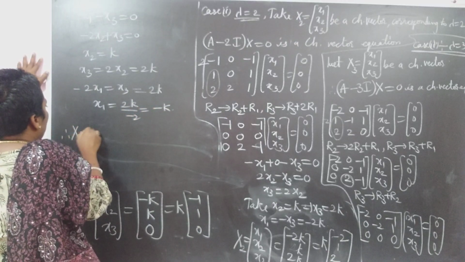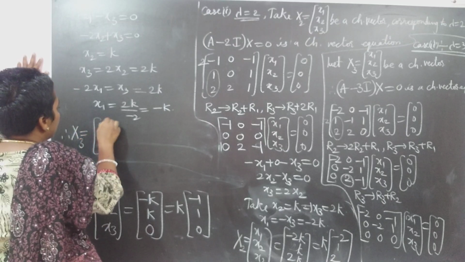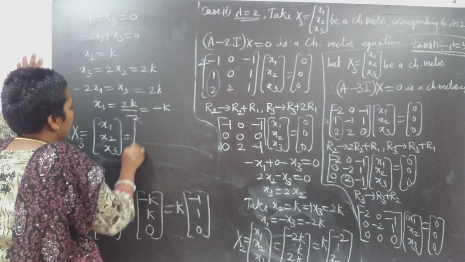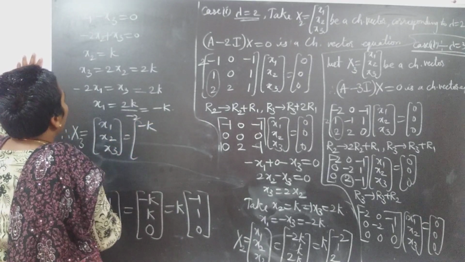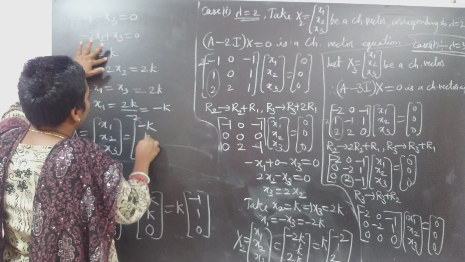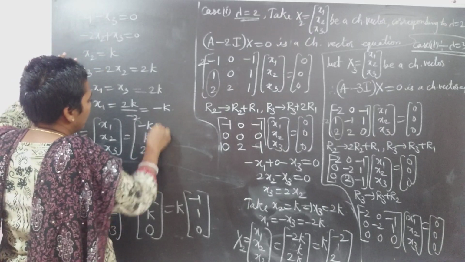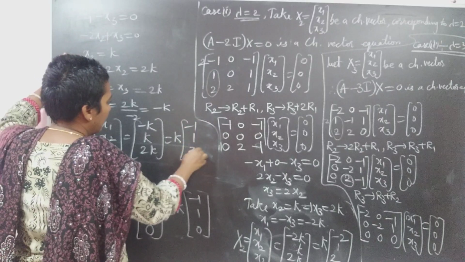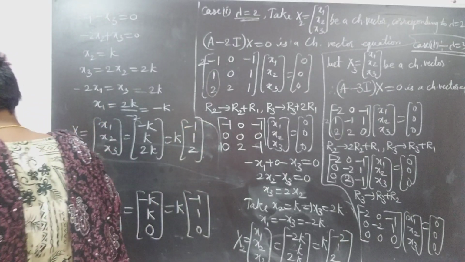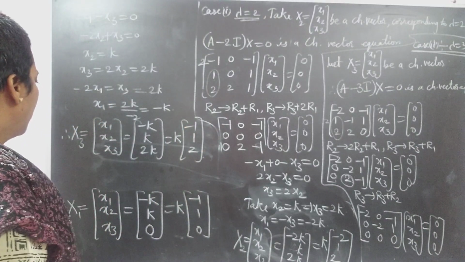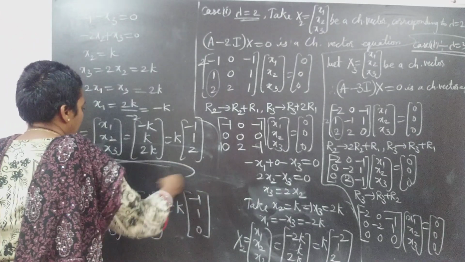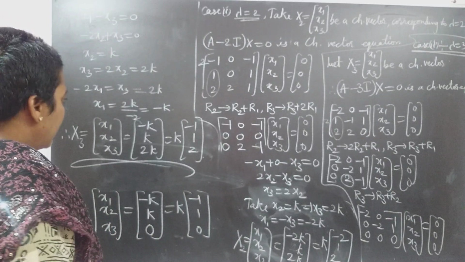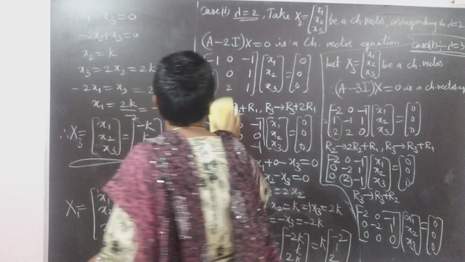Therefore, capital X equal to x1, x2, x3, that is minus k, k, 2k. Then k is taken common, minus 1, 1, 2.